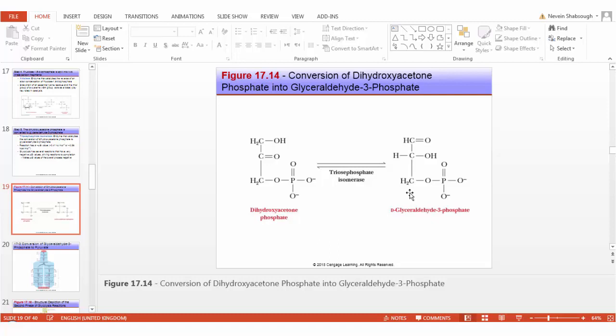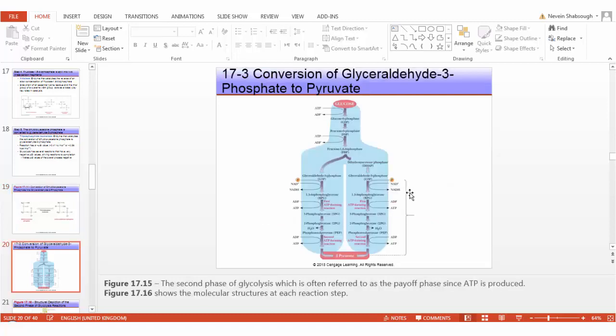Now we go to phase number 2, where this glyceraldehyde phosphate will be eventually converted into pyruvate, and it is referred to as the payoff phase since ATP is produced. Again, this figure shows us the places where ATP is produced or consumed, as well as the point where NADH is produced.